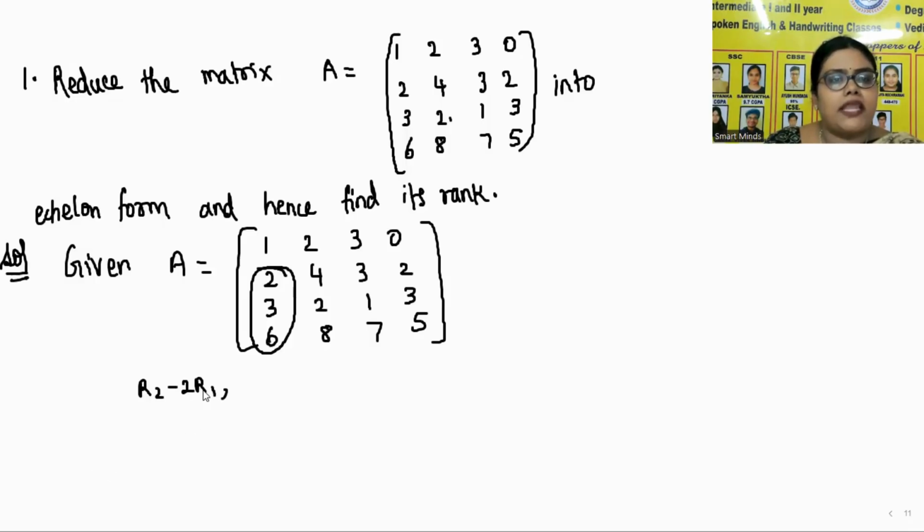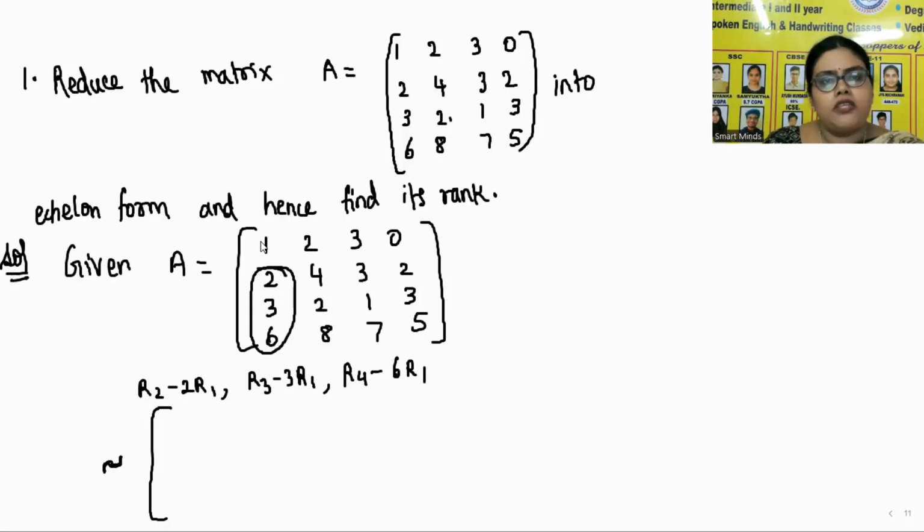We are multiplying the first row by 2 and subtracting from the second row. In the same way, for the third row, R3 minus 3R1: we multiply the first row by 3 and subtract it from R3. The same way, R4 minus 6R1. Understood? When you are applying row transformations, this becomes an augmented matrix, so this symbol is for the augmented matrix.